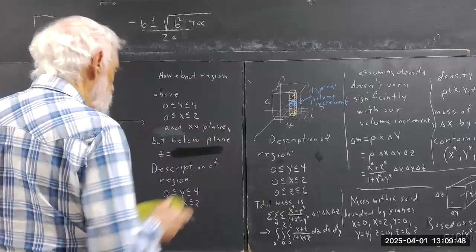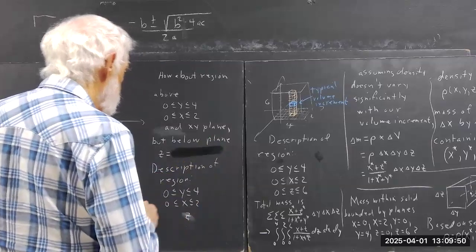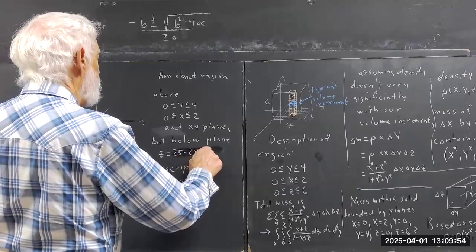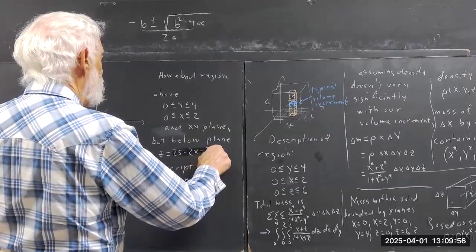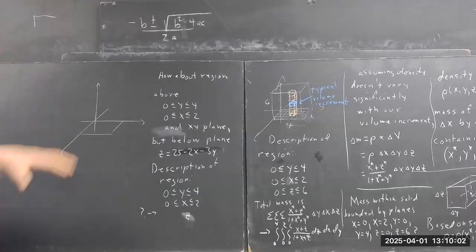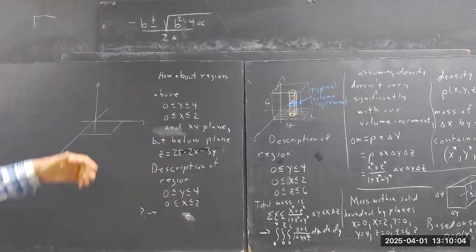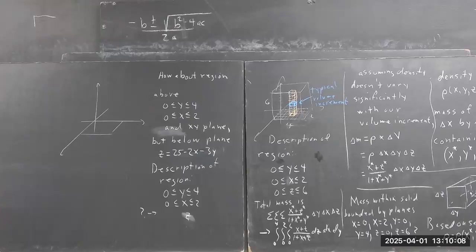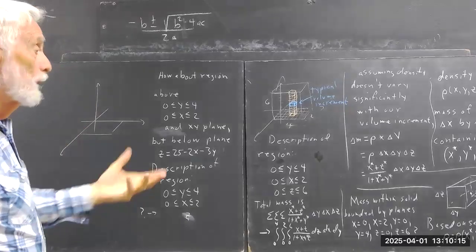So I'm just going to change the equation of the plane. I'm going to do 25 minus 2x minus 3y. Just because a plane that's sloping this way is going to be easier to see in the sketch than a plane that's sloping this way, which is somewhat in the direction we're looking at.